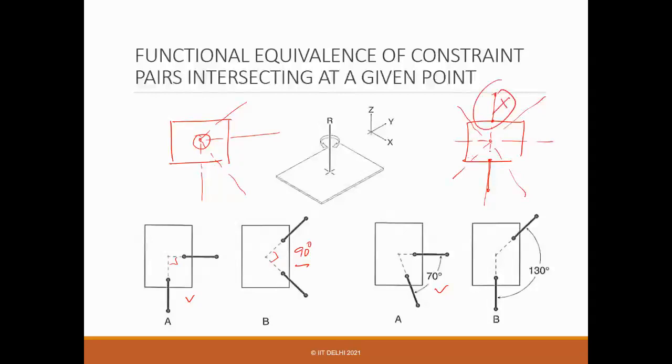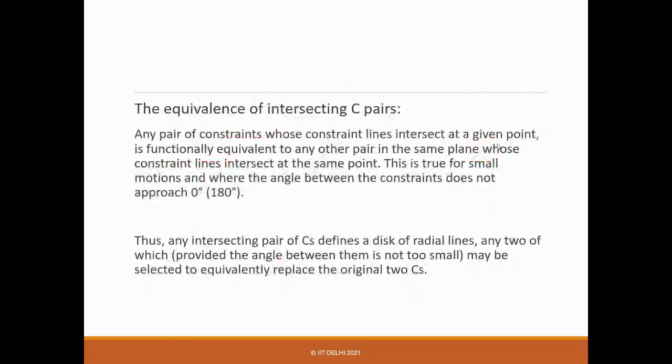But as long as this is there, and suppose you provide a constraint along here, that's fine, because it also provides an instantaneous center of rotation. But they are all equivalent. So this is about the rotational degree of freedom.